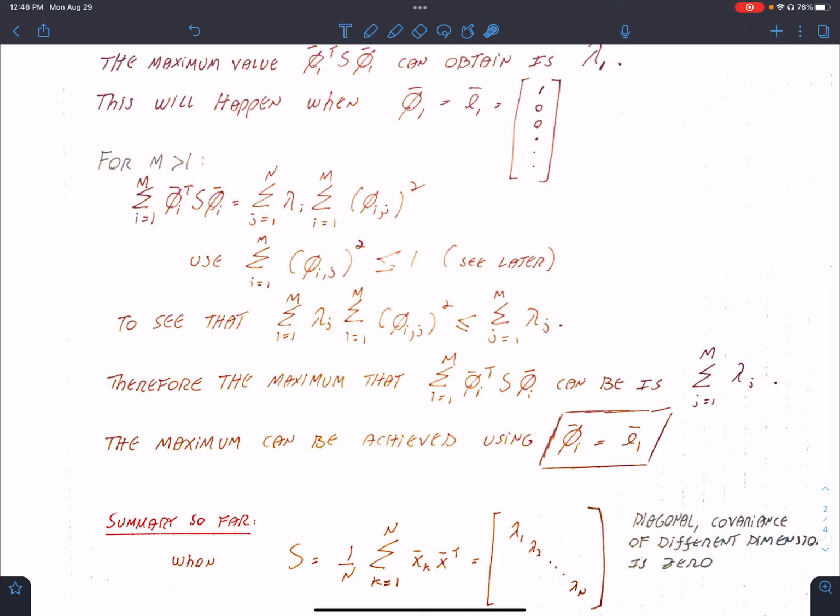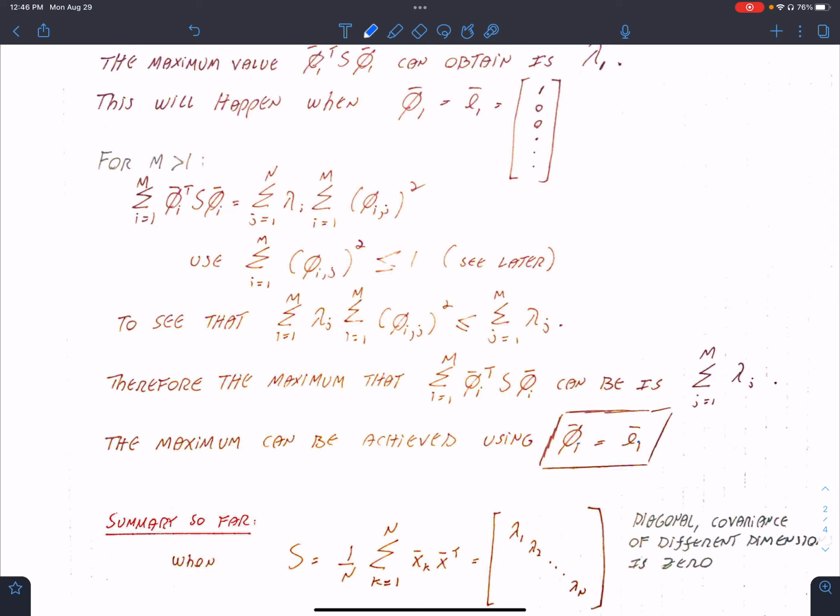Therefore, by a similar argument as before, the maximum value that the quantity we're trying to maximize can obtain is this, and this maximum value will be obtained when my phi i equals ei.